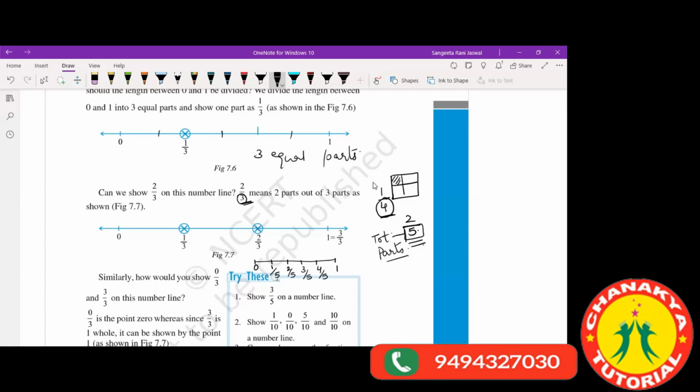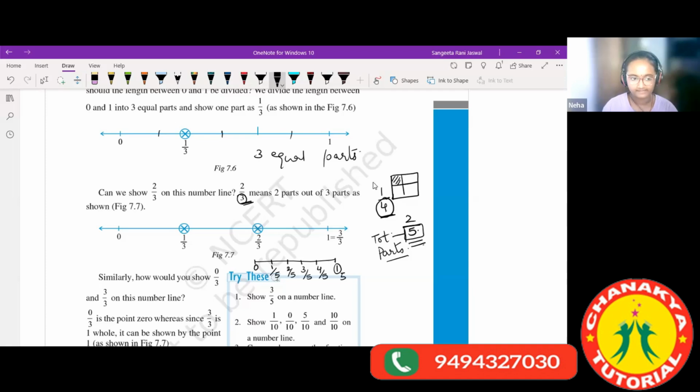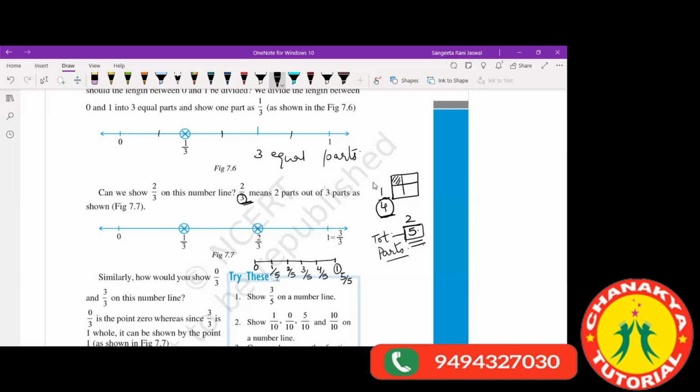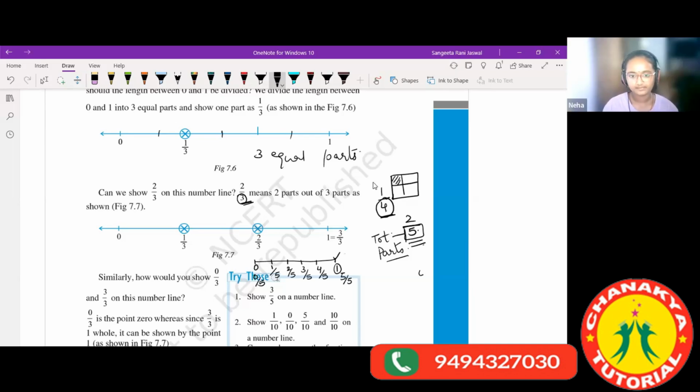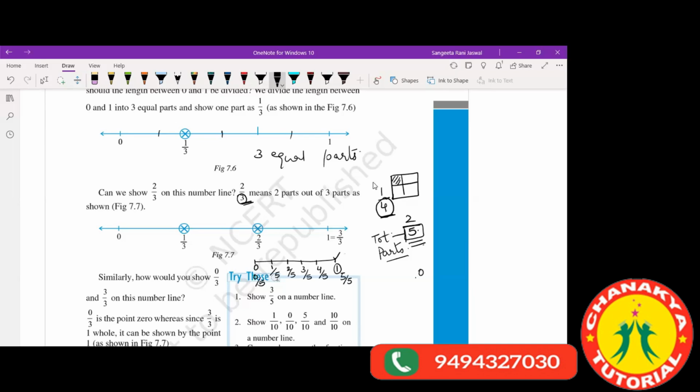And this part is 5/5, which is 1, the whole. That's how we got 1 here. And 0/5 is 0. Whenever you divide 0 by some number, the answer will always be 0 only. So you have 0 here, 5/5 is the whole 1, and in between you have these fractions.